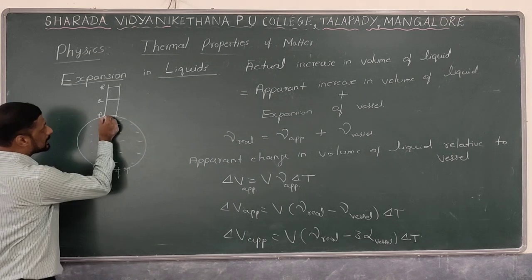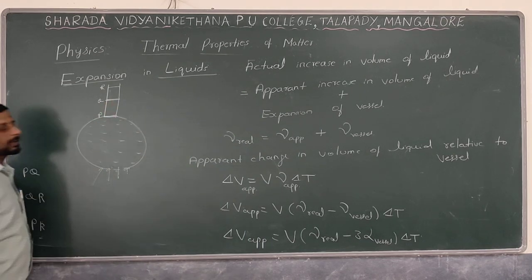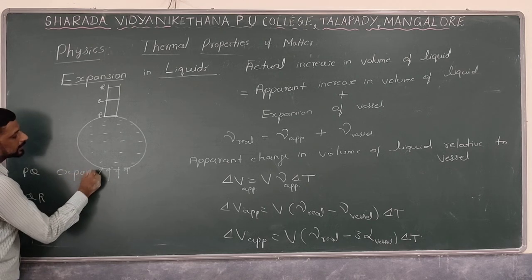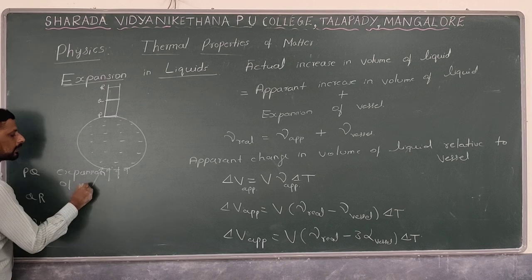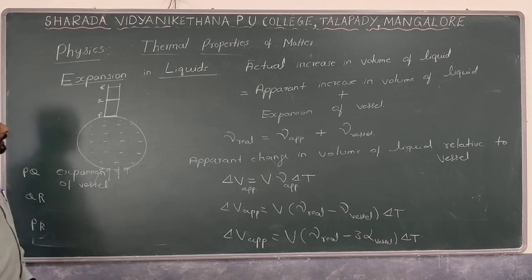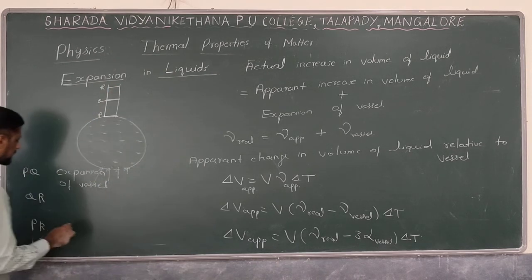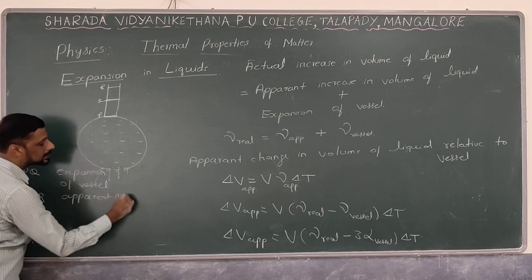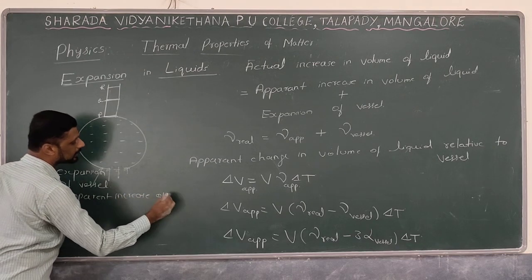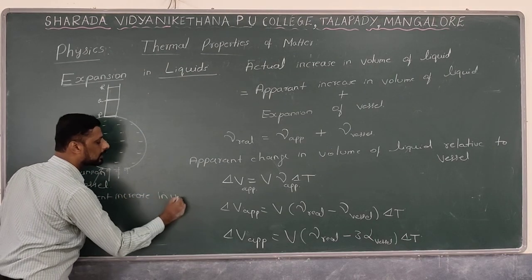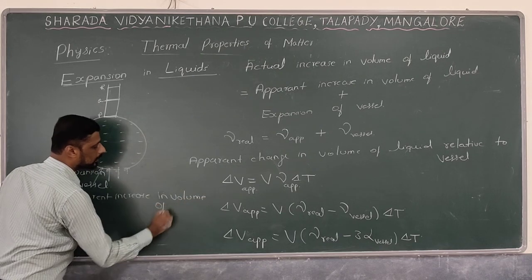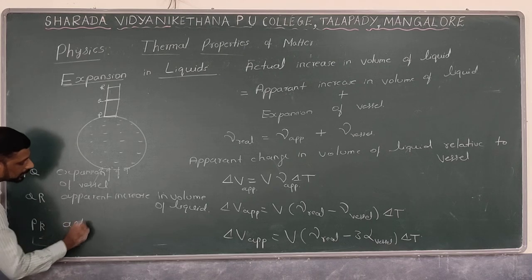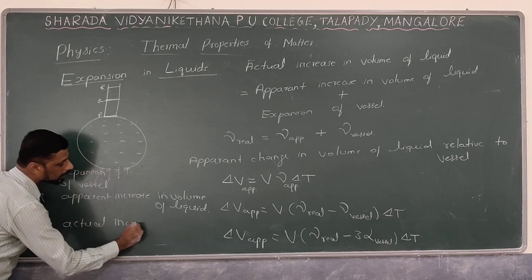So here in this case PQ represents the expansion of the vessel, where QR represents the apparent increase in volume of the liquid, while PR represents the actual increase in volume of the liquid.